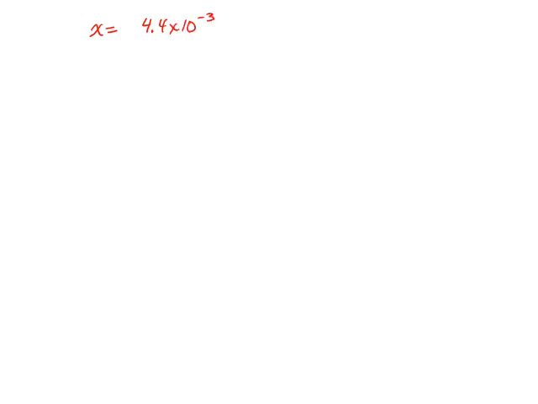But again, that's not really answering the question. We need to go back and plug that into our equilibrium concentrations of nitrogen, hydrogen, and ammonia. So for the nitrogen, we had 0.2 minus x, or 0.196 molar.